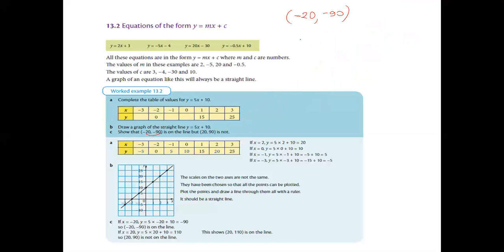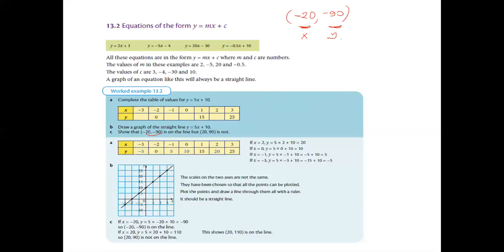How can you find out which one is x and y? If you remember, the first value always is x and the second value is y. Okay, don't forget it. When you draw the graph of an equation, the first value always is x and the second value automatically is y.